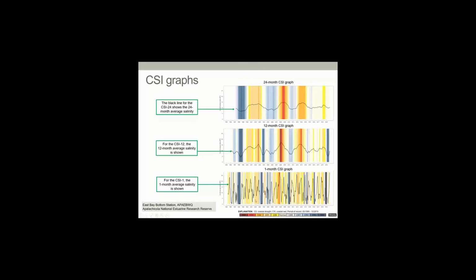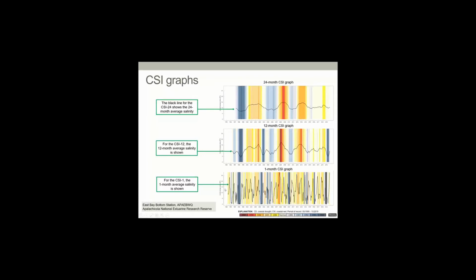Across the bottom is time, and the black line across the center of the graph is the rolling salinity value over time. This is a 1 month average salinity over time. The colored background is the Coastal Salinity Index designation. When you see high salinity concentrations, that's where you see the dark red color codes in the background. And when you see low salinity concentrations, that's when you'll see the dark blue.